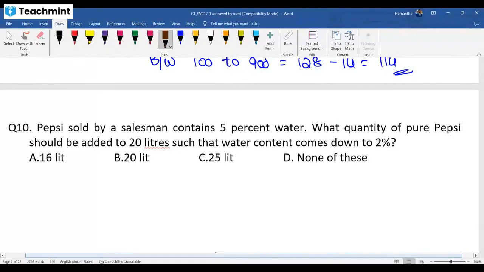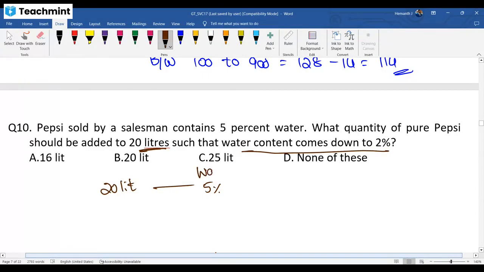Now here, Pepsi sold by a salesman contains 5% water. What quantity of pure Pepsi should be added to 20 liters such that the water content comes down to 2%? See, among 20 liters, 5% is water, right?